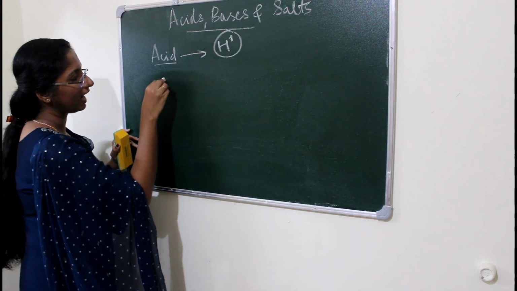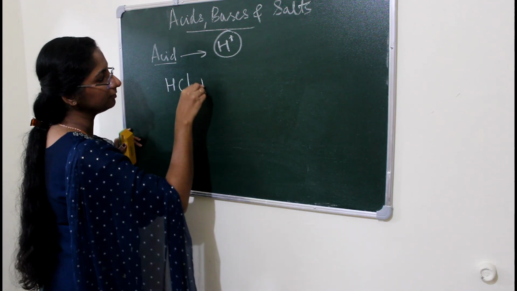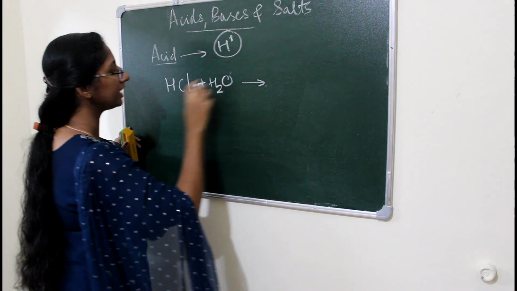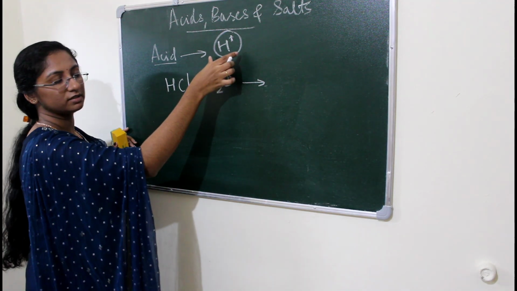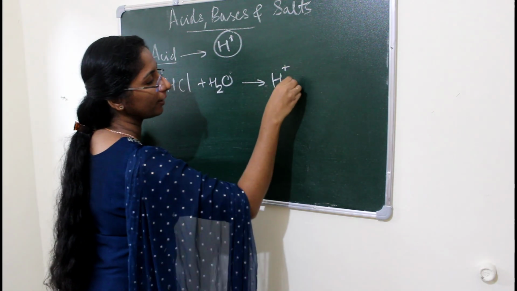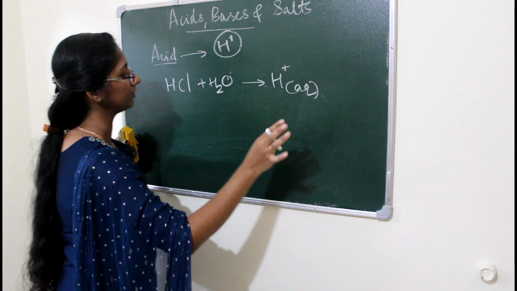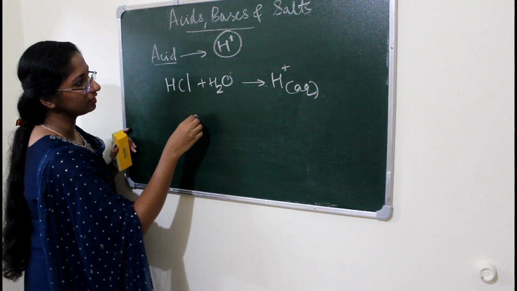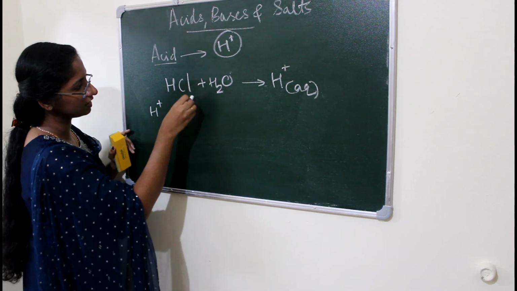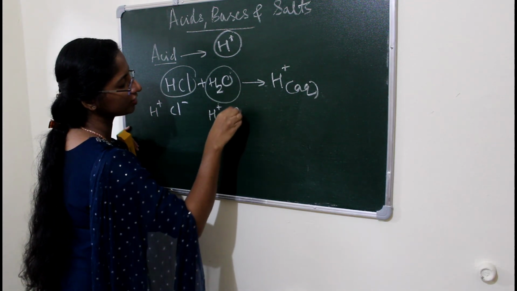So when we add water to HCl, then only can this H plus ion exist as aqueous. Otherwise this H plus ion as aqueous can't occur. So we can write this like this: H plus Cl minus in this HCl, with H2O we will have H plus and OH minus.